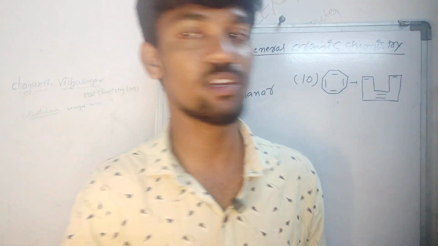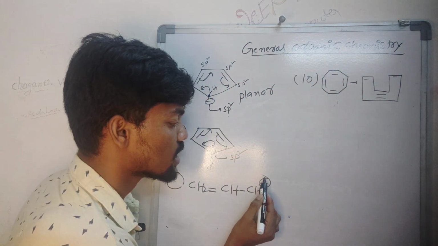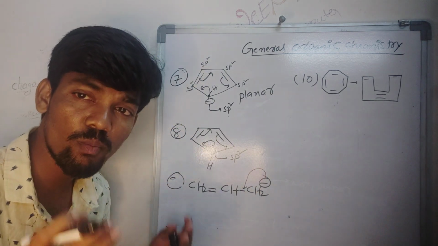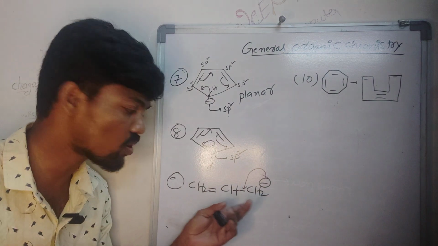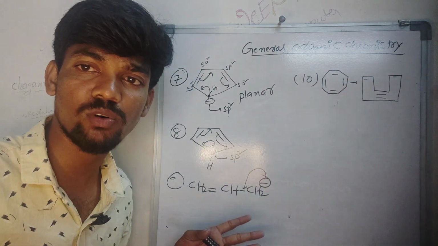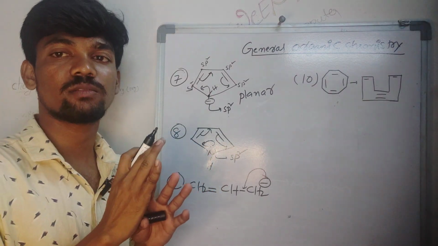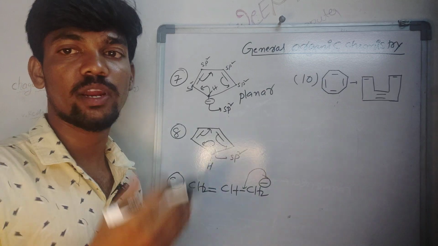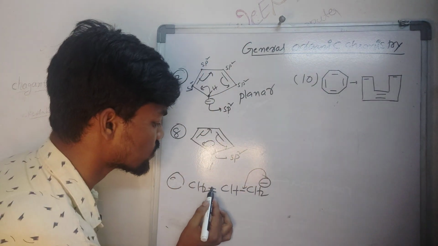Yes, is there conjugation? Why? Because this bond will shift out to here. How many bonds does the carbon have after shifting to here? Double bond, and this double bond, and 1 hydrogen attached bond. Total 5 bonds. Carbon doesn't have that much capacity to attract. So it will remove one bond. So this bond shifted to here.